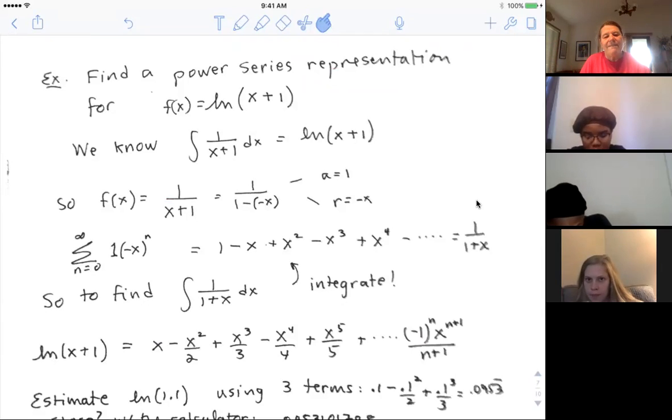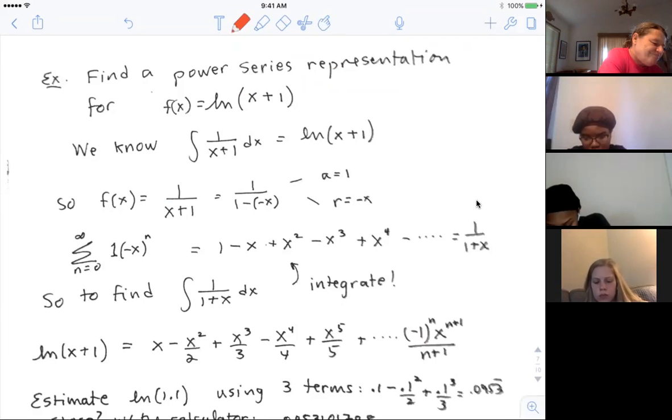However, we know that the integral of 1 over x plus 1 is that. Now, I didn't just pull that out of my hat. It's because it's in a certain form and I want to use it, and we know that. Everybody agree with me? The integral of 1 over x plus 1 is log x plus 1. Put a plus c on it if you want, but we'll just do this for right now.